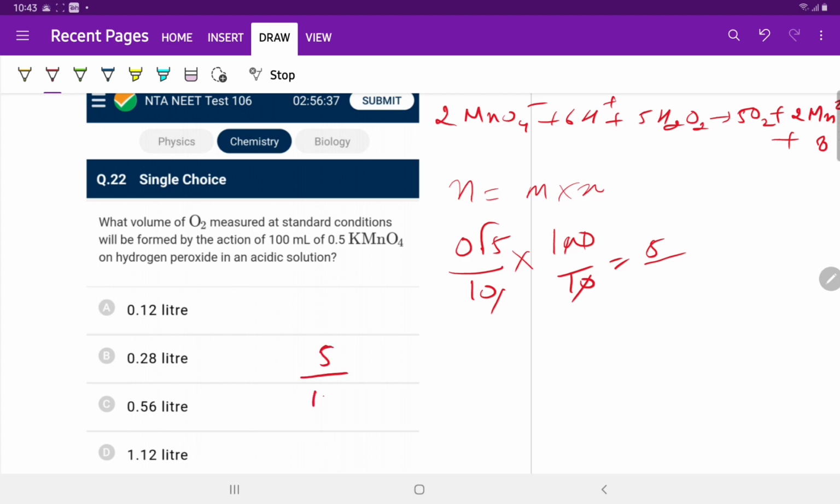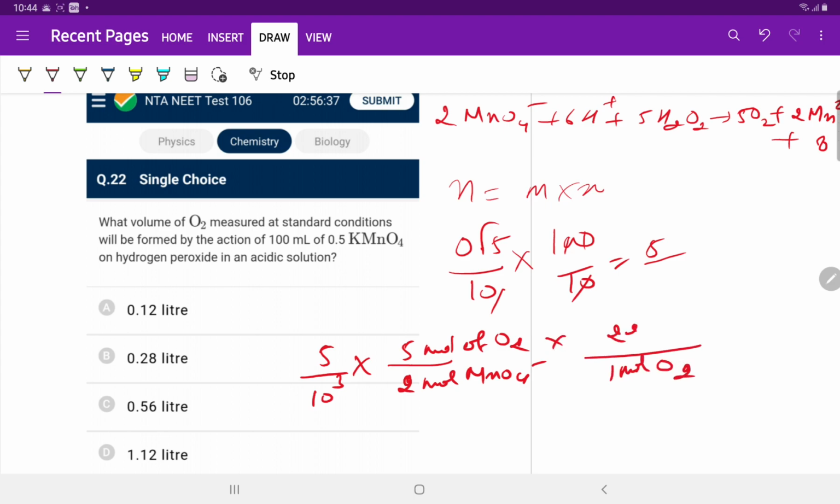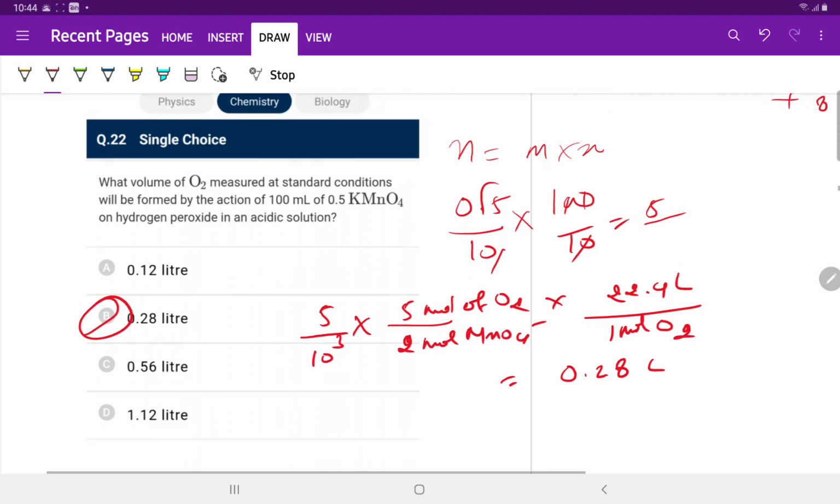The balanced equation says that 2 moles of MnO4 minus gives 5 moles of O2, and the volume of 1 mole of O2 at standard condition is 22.4 liter. We will get 0.28 liter. So option B is correct.